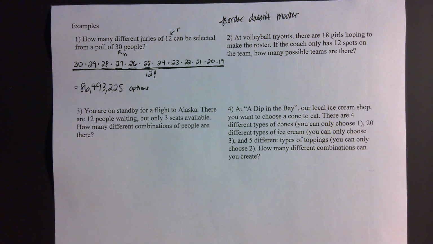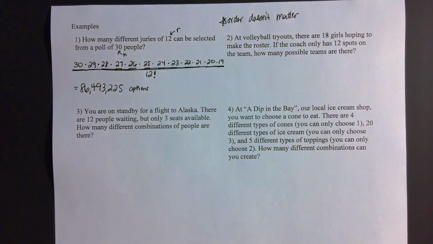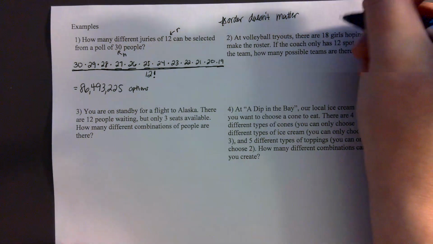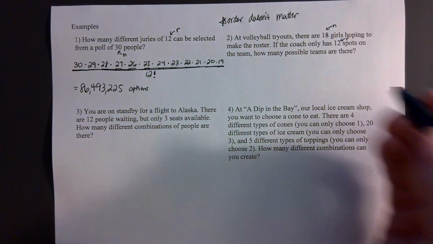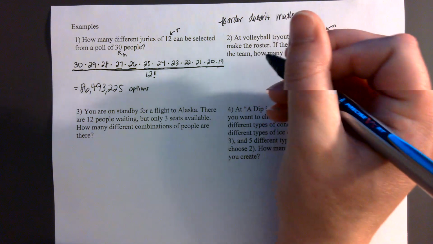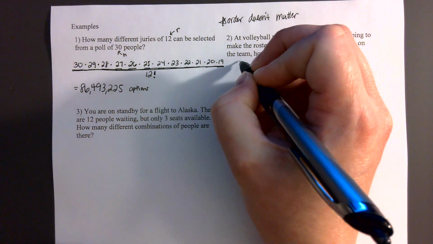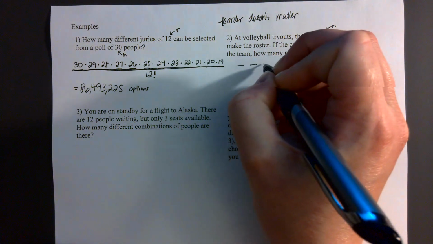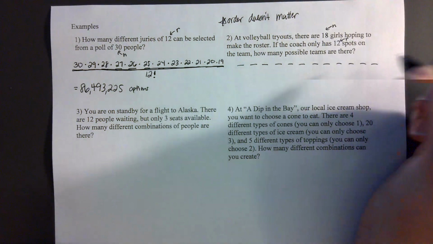The coach is only going to choose 12 spots, so looking at how many different ways those 12 spots can be filled, we're going to have to remove those repeats. Remember, this is our N value, and this is our R value, the number of positions that we have. We have 12 positions, so we'll start at 18: 1, 2, 3, 4, 5, 6, 7, 8, 9, 10, 11, 12 positions.